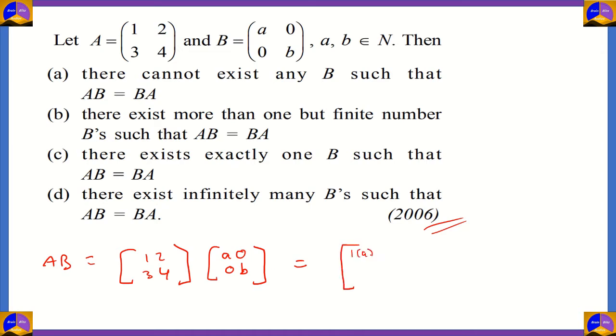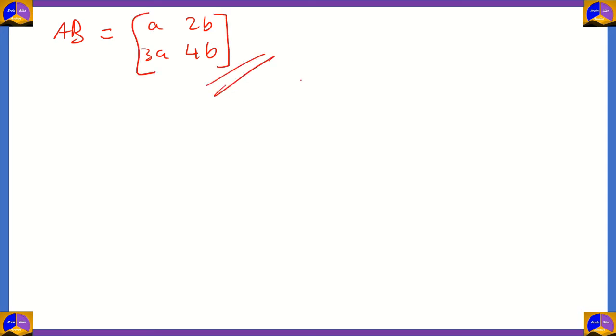So 1 times a plus 2 times 0, 1 times 0 plus 2 times b, 3 times a plus 4 times 0, 3 times 0 plus 4 times b. So therefore the matrix AB is equal to a, 2b, 3a, and 4b. So this is now the matrix AB.